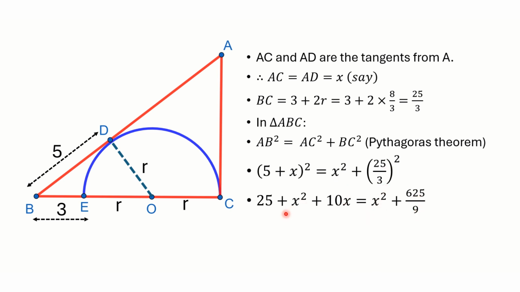This x square and this x square cancel out. So what is left? I will have on the left hand side 10x. And let us take 25 to this side and subtract. Then this will be 400 by 9. So 0 and 0 cancel out. So x is equal to 40 by 9. So this side AC is basically equal to 40 by 9 unit.